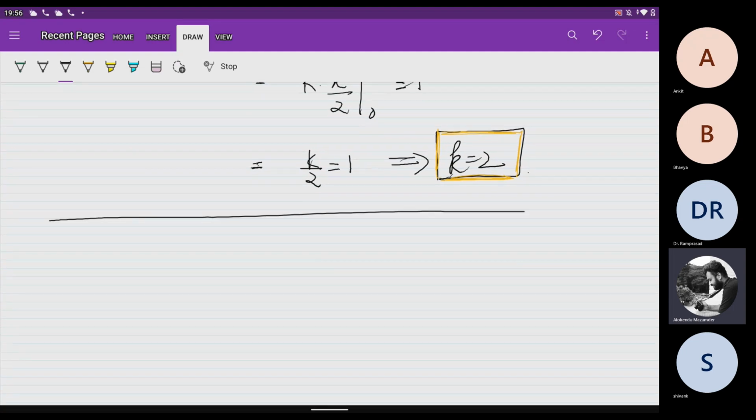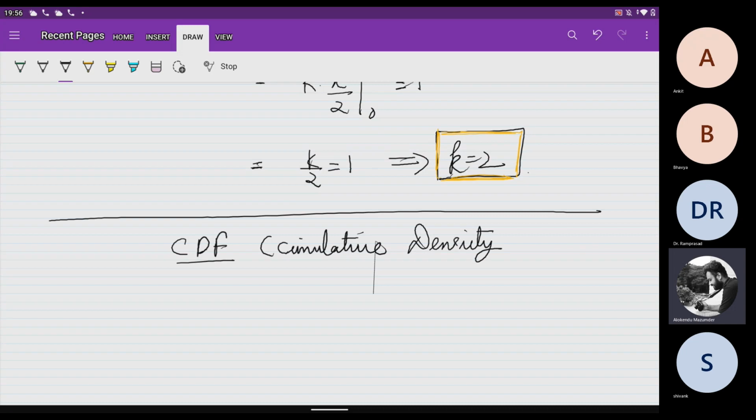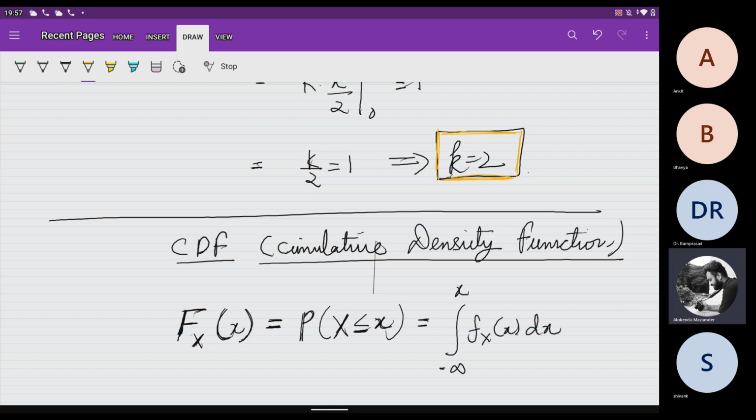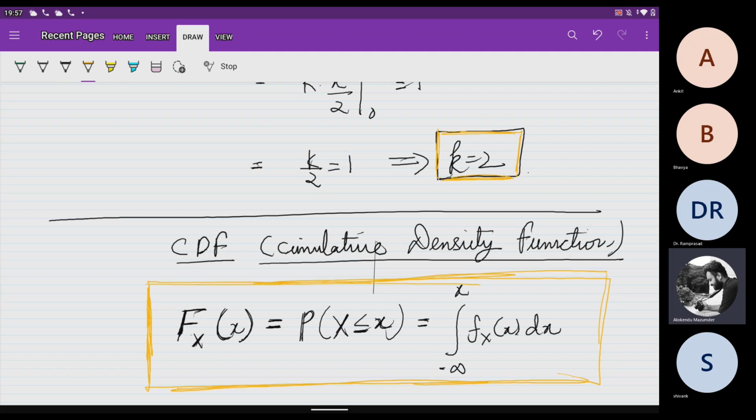And let's jump to something known as CDF, or the cumulative distribution function. It is denoted by capital F subscript random variable X of small x, and it's defined like this: probability of X less than or equal to x, which can be written as an integral.